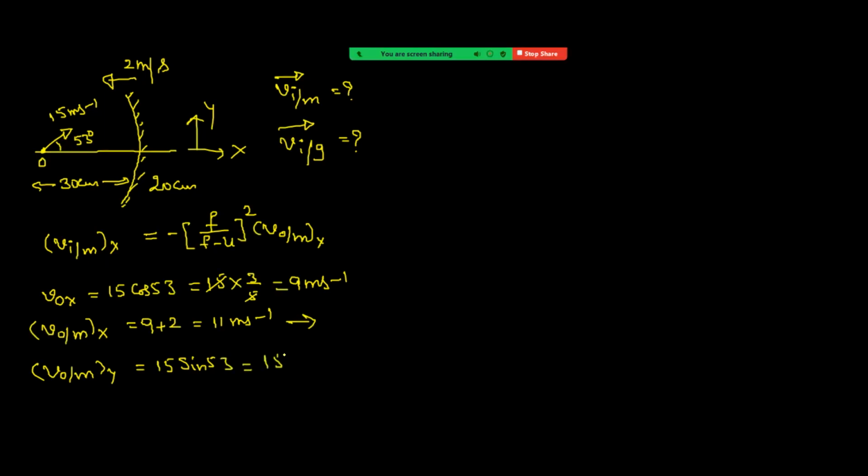See how much? 15 sine 53, 4 by 5, 3 times 4 is 12. It is 12 meter per second. This is velocity of object with respect to mirror, or you can say with respect to ground, both are the same, along y-axis 12.